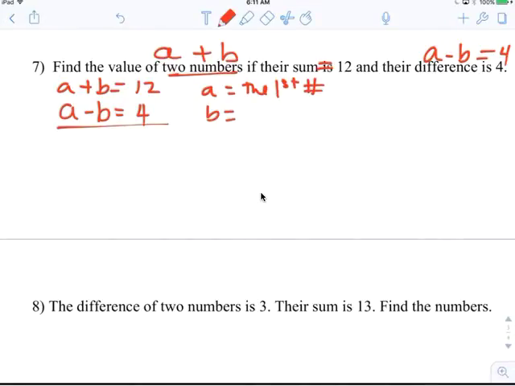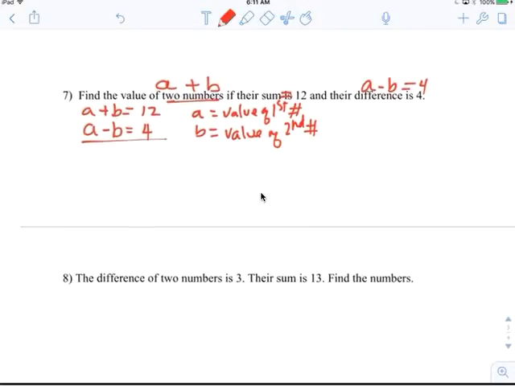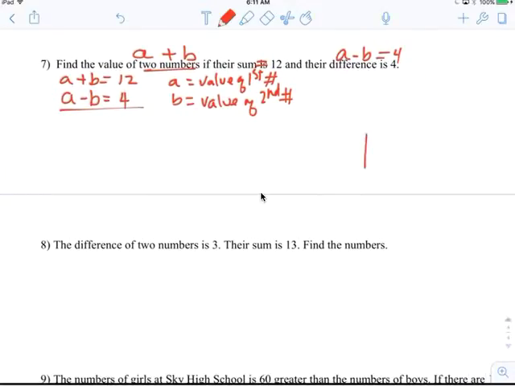B is the value of the second number. Use elimination to find out what A and B are.